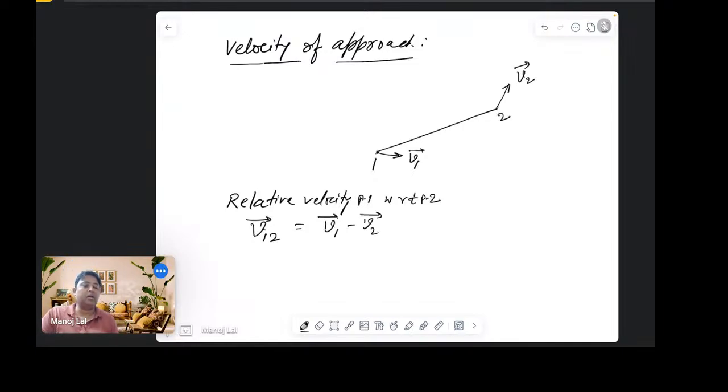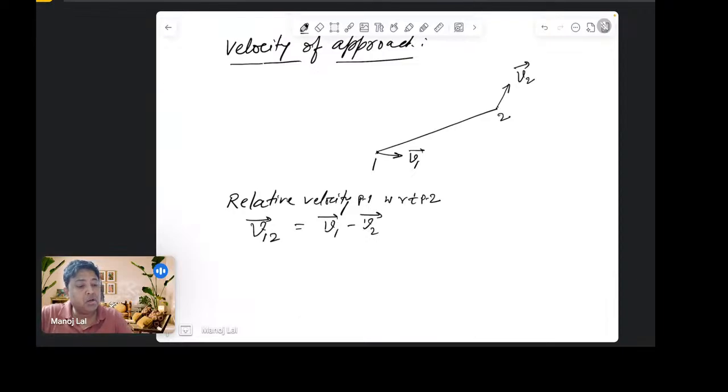This thing is very clear to you. Here V12 means the velocity of particle 1 as it is observed from the observer 2, or we can say particle 2. Particle 2 we can consider as an observer also. So from this observer, he finds the velocity of 1 is v1 minus v2.